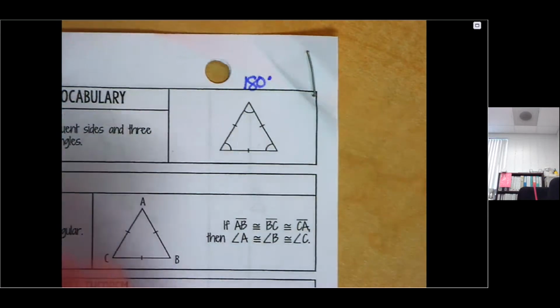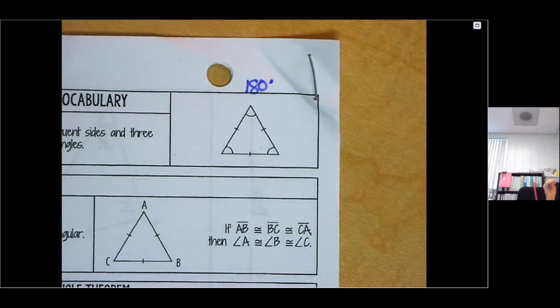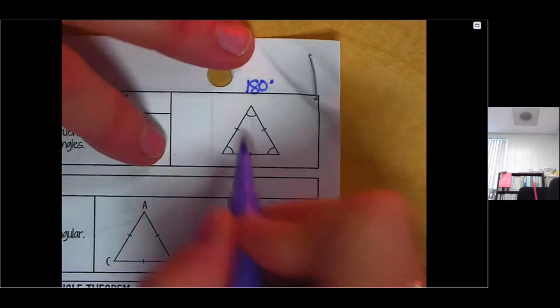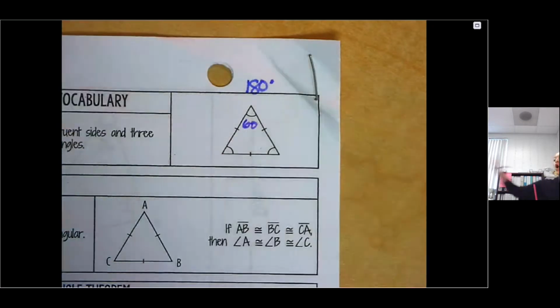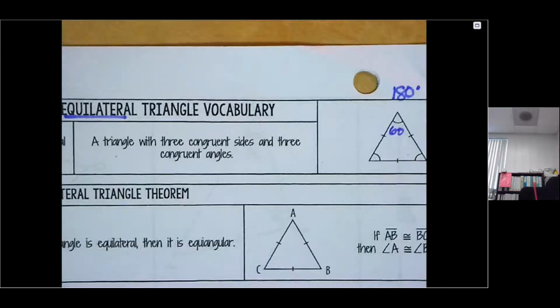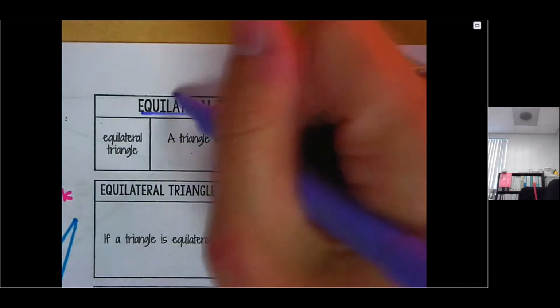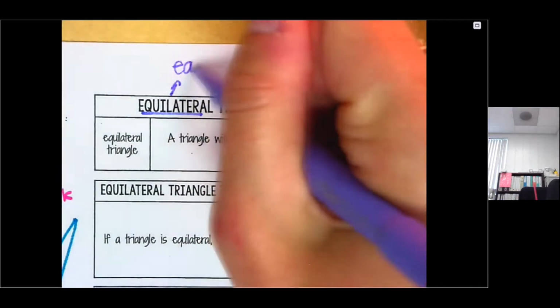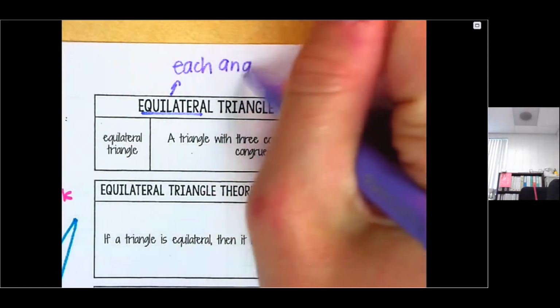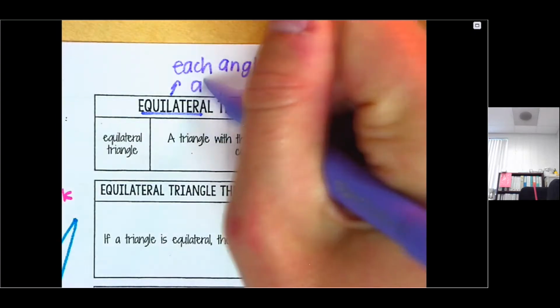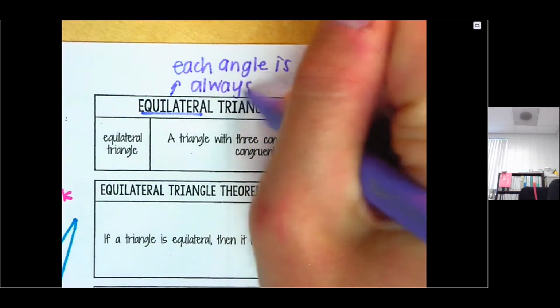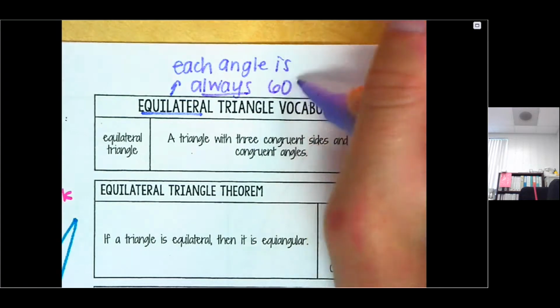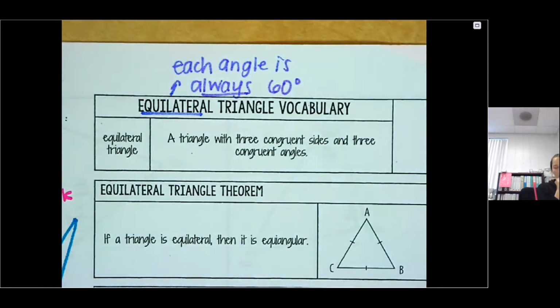So in an equilateral triangle, always the angles are 60 degrees. Always. So I'm going to even write that right above it. In an equilateral triangle, each angle is always, no if, and, or but, 60 degrees. Always, always, always.